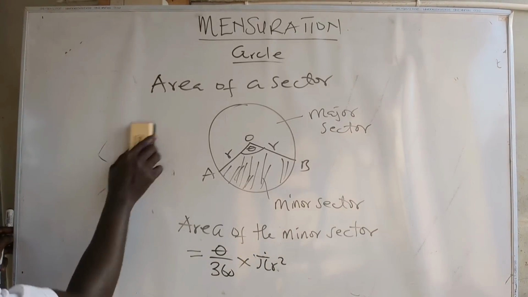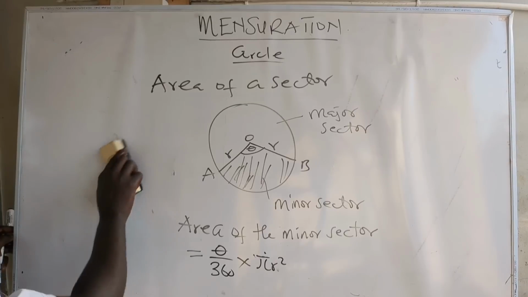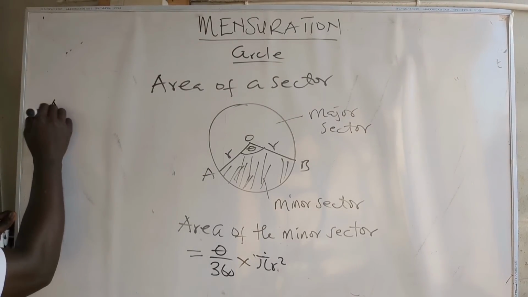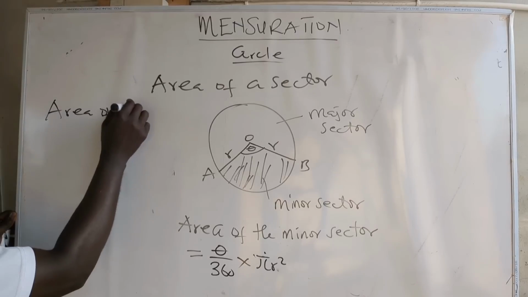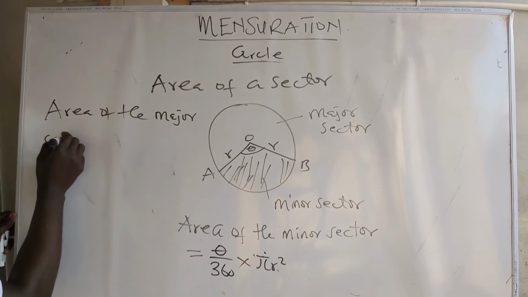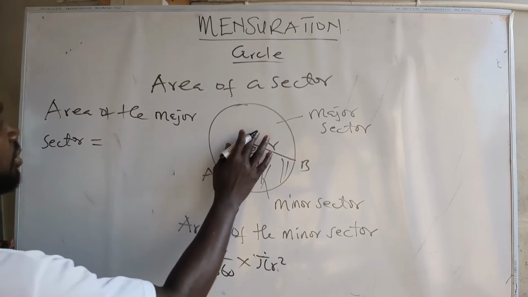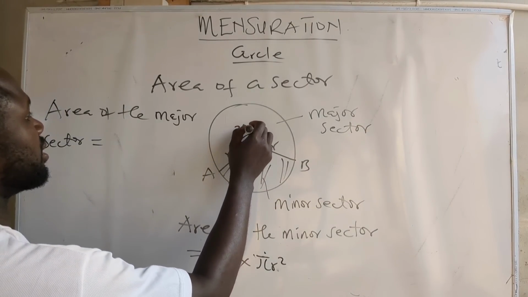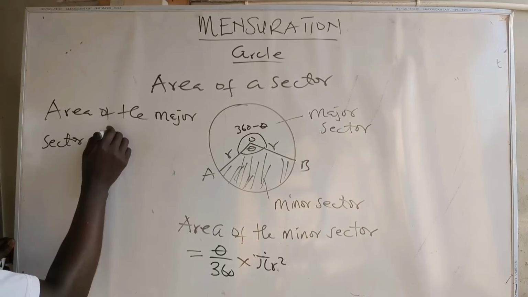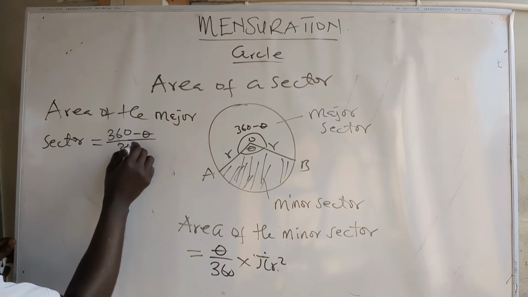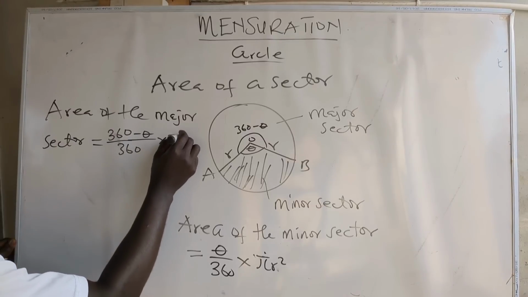Alright, so let's look at the area of the major sector. If I'm looking at the major sector, then the angle here is 360 minus theta. So the area is 360 minus theta over 360 times pi r squared.